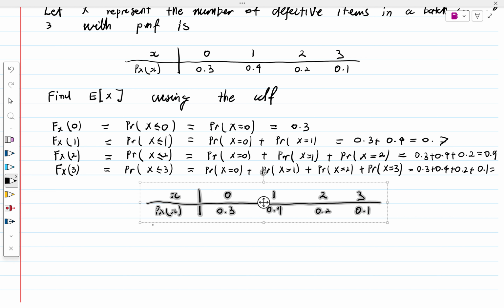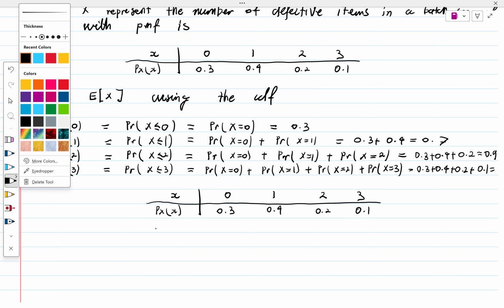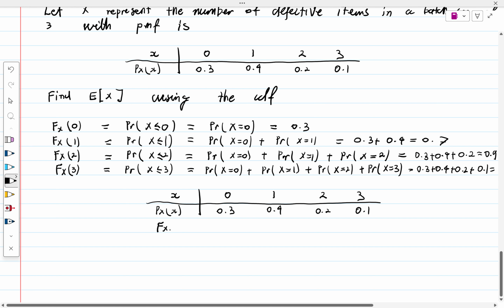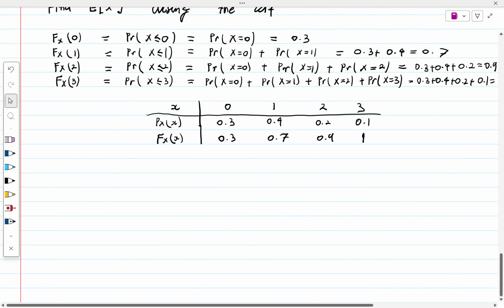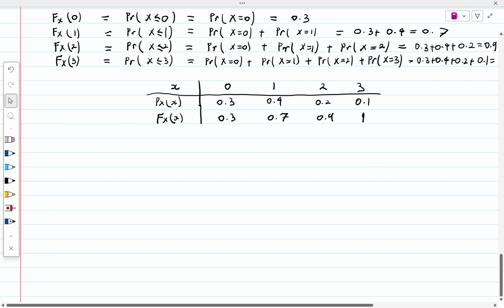We can rewrite F_X of x now and add it to the table. It's 0.3, 0.7, 0.9, and 1. Keeping that in mind, we can now calculate the expected value.